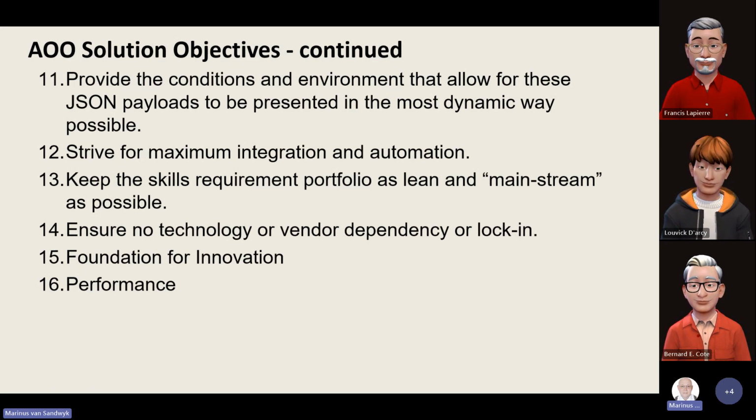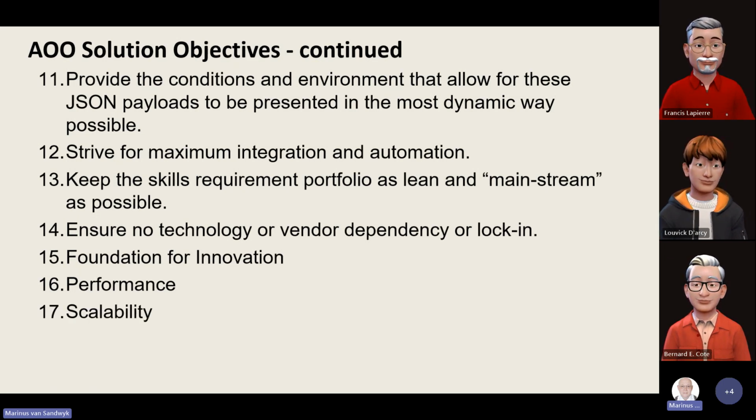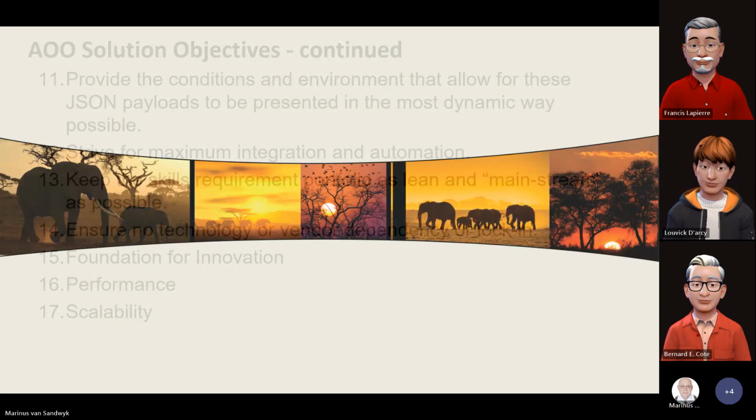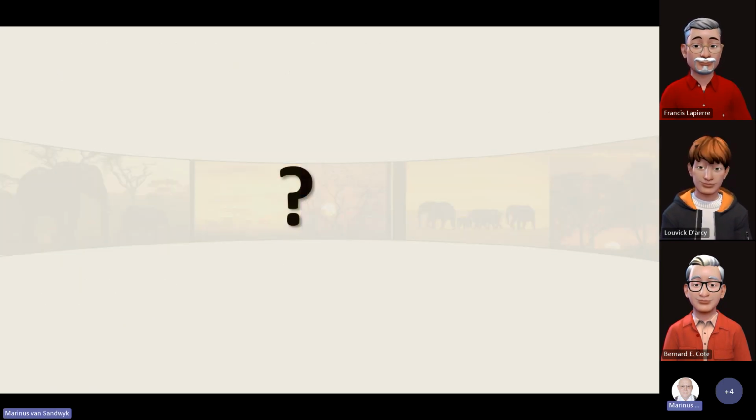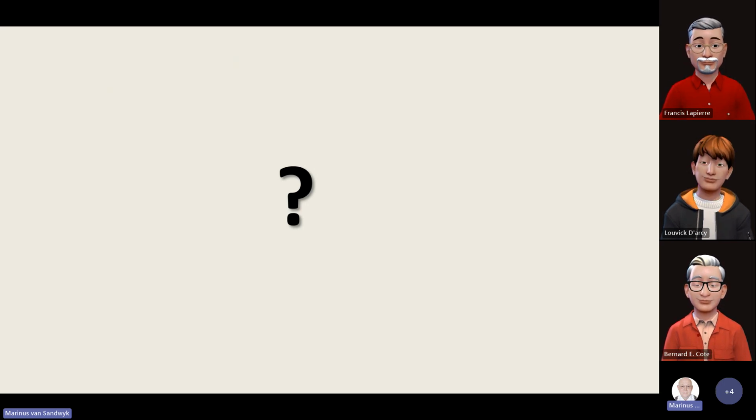And in small and medium businesses, we believe those installations are still very interested in the performance of their application. And then obviously scalability. That is our set of criteria that influences all of the choices and decisions around AO Open.